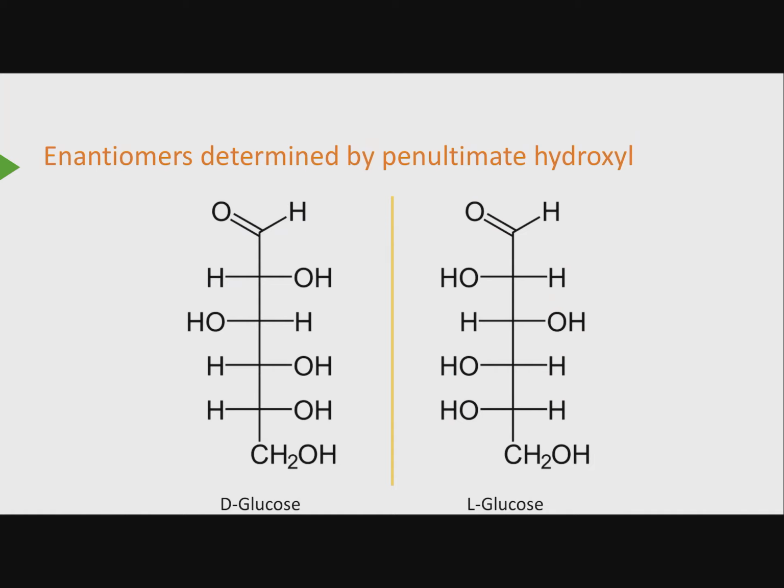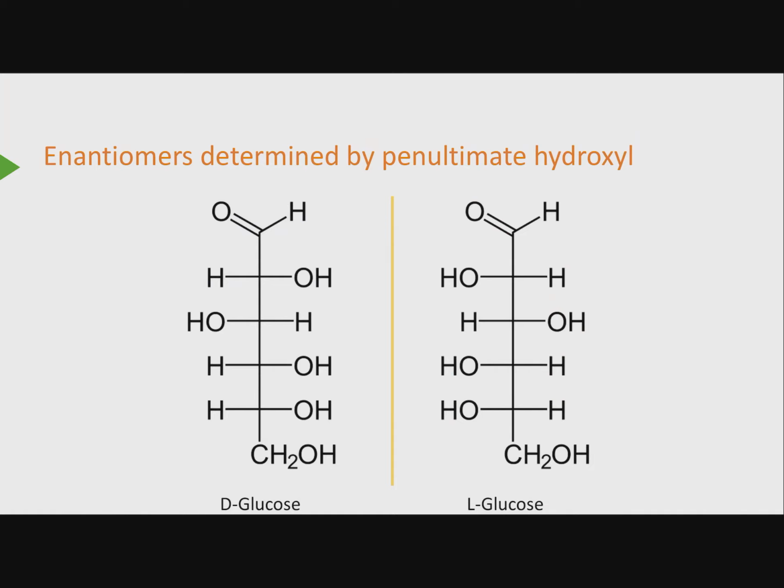We could also rank the 4 groups in order of importance, and depending on whether that order is clockwise or counterclockwise, they get L or D. We're not going into that here.